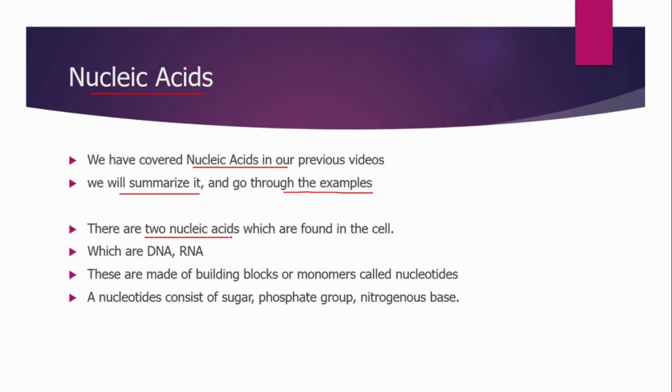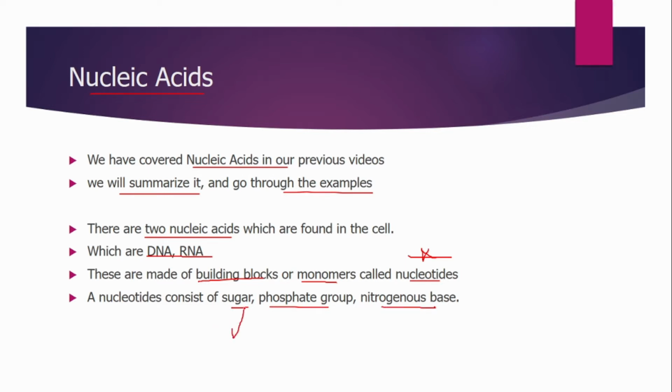There are 2 nucleic acids found in a cell. We have DNA and RNA, and these are made up of the building blocks or monomers called nucleotides. Please note this. A nucleotide consists of a sugar, a phosphate group and a nitrogenous base.